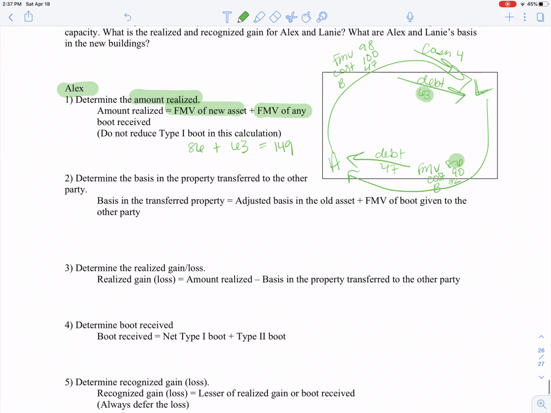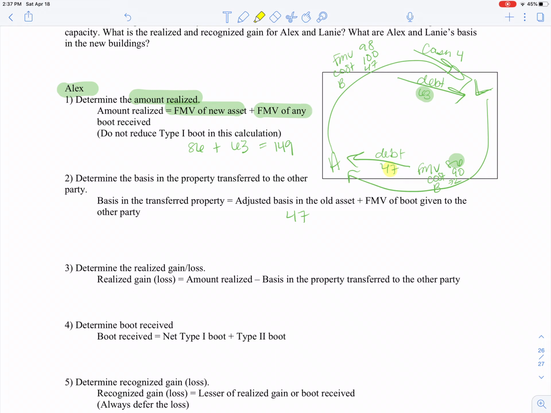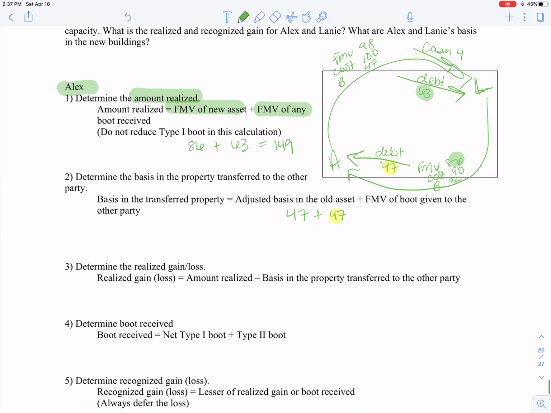The basis in the property transferred to the other party is the adjusted basis in the old asset, which is 47, plus the fair market value of the boot given to the other party. So the boot given to the other party in this case, let me switch colors for us, is the 47 that Alex is taking on of Laney's debt. And then there's also the $4,000.